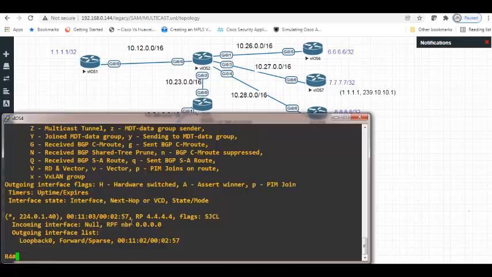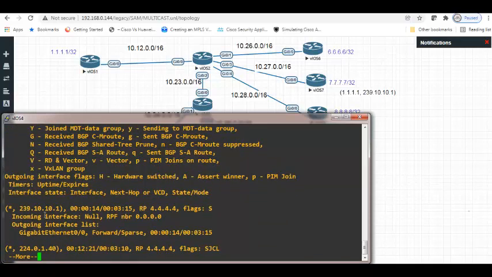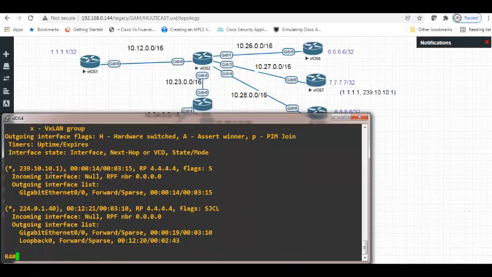Earlier we were not seeing the enrollment of R5, but now, that's it. This is it. You see, it says 239.10.10.1 is needed on G00. Earlier you didn't see this. Now you are seeing it.